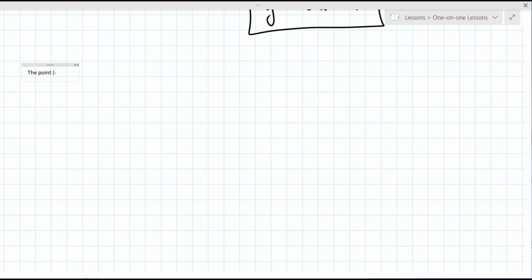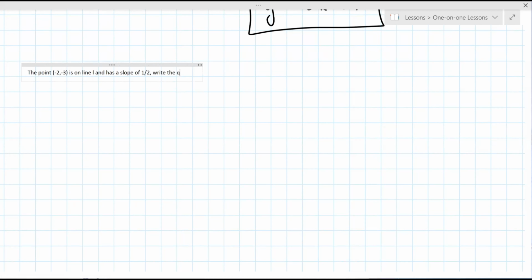So the point (-2, -3) is on line L, and sorry, it's not cursive, but we'll go with it, and has a slope of 1/2.